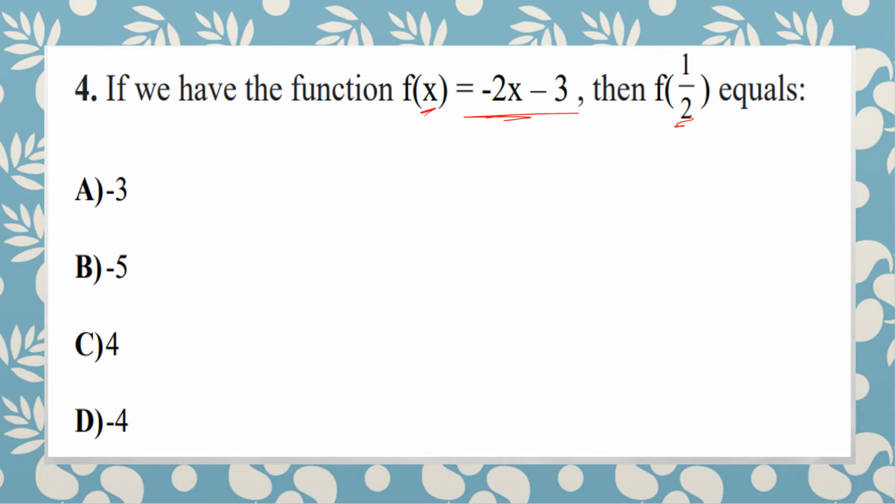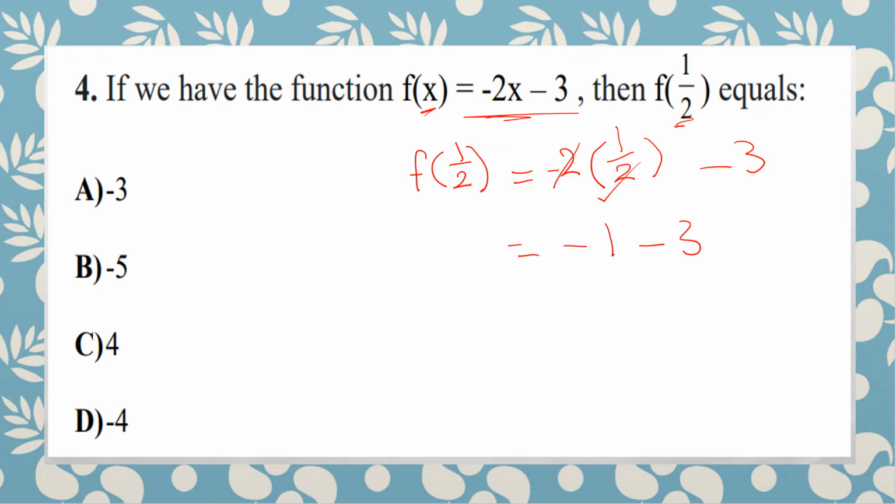So f of half equals minus 2 times, we substitute the value of x here with half, so times half minus 3. This means 2 goes with 2, so minus 1 minus 3 equals minus 4, and the correct answer is D.